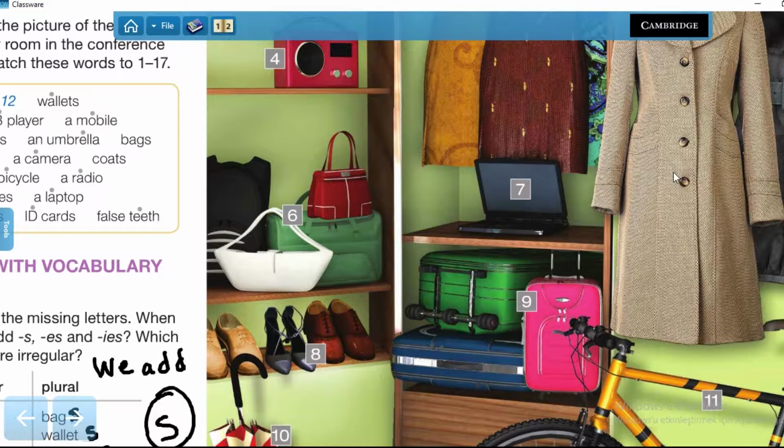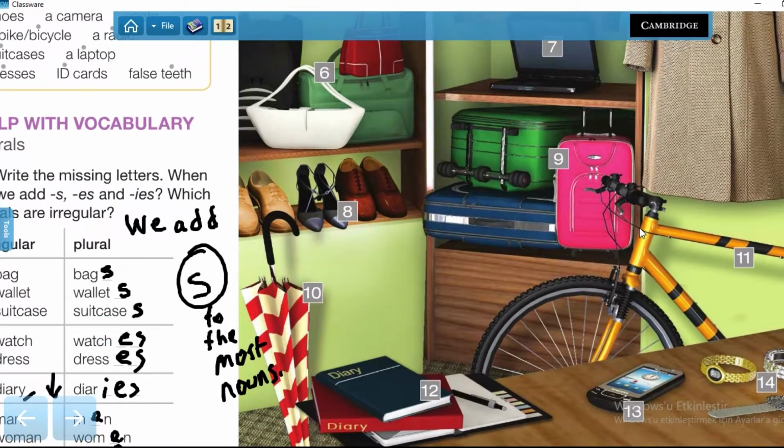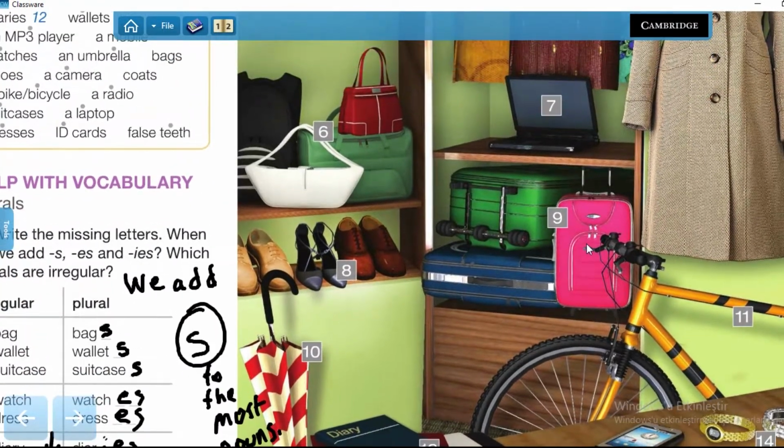Number 7, singular, a laptop. Number 8, 1, 2, 3 pairs of shoes. So shoes, the plural form. Number 9, let's have a look at number 9. 1, 2, 3. So it is plural again. Suitcases.